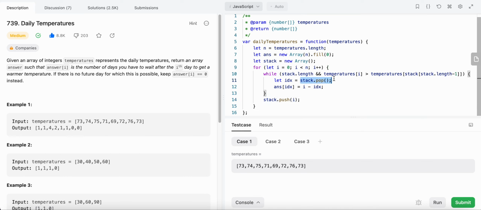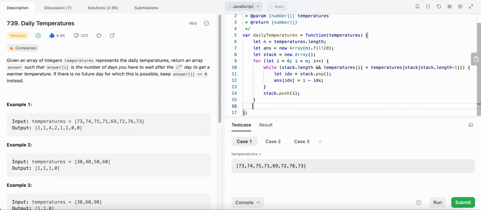So every time we find a temperature which is less than the temperature at the ith index, it means we have found the warmer temperature for that index. So we take the number of days we need to wait, and then we push our index, and then finally we return our answer.